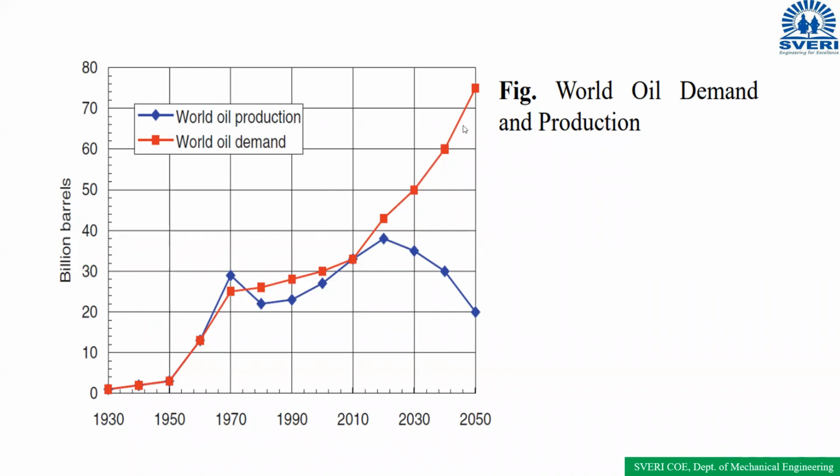Due to this, what will happen? Automatically the price of fuel increases. Already now we are paying 110 rupees per liter for petrol. Is it right? Yes, sir. Now we are paying 110 rupees.